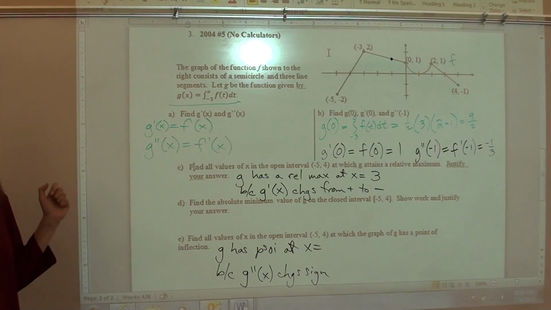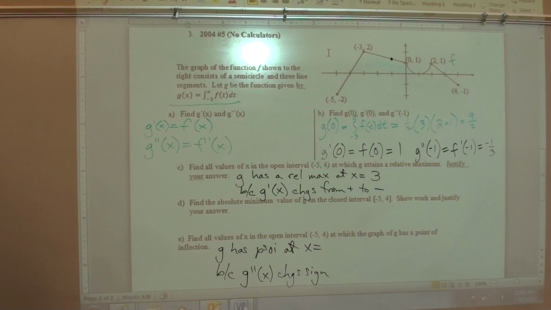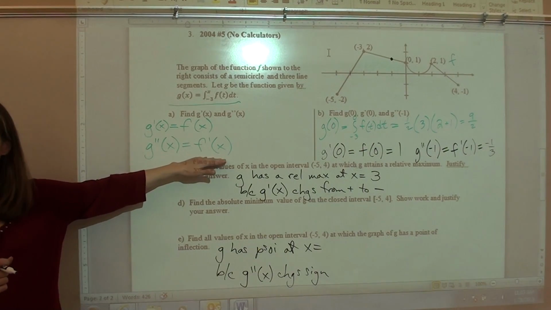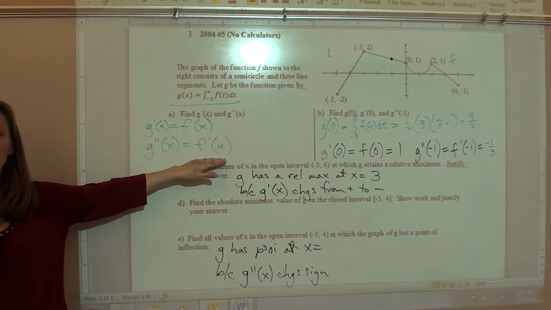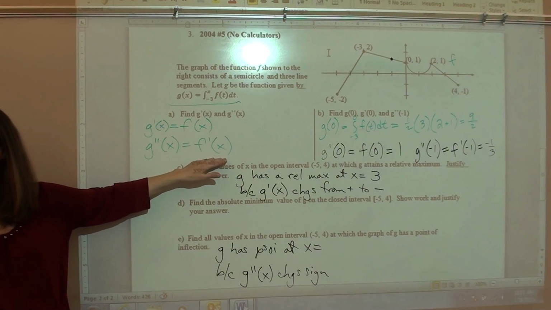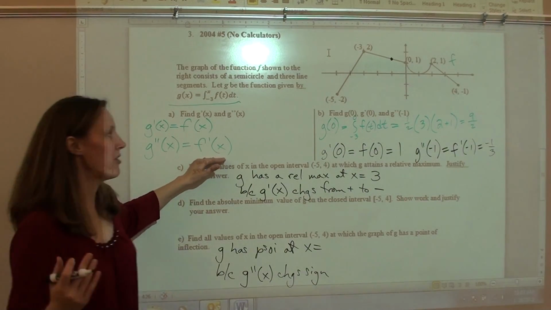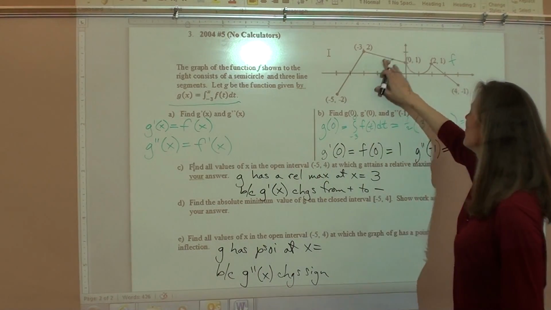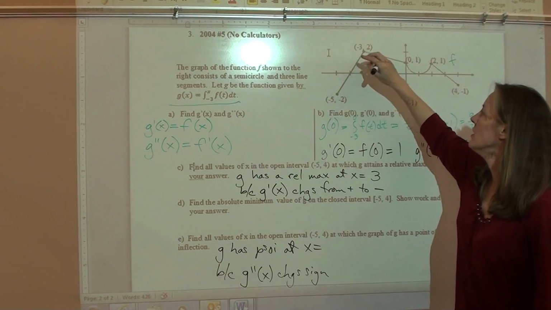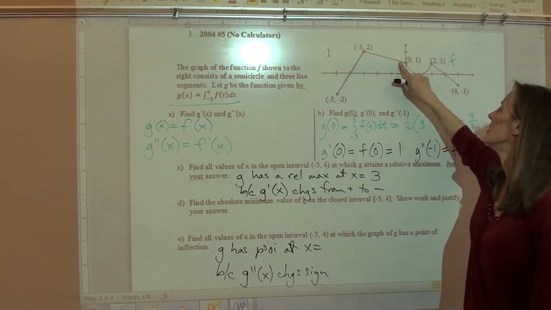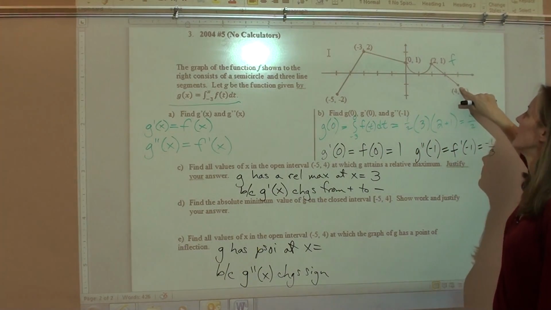Now, what is G double prime equal to? F prime. So what we're looking for is where F prime changes sign, which is where the slope changes, right? So where F changes direction. So F prime is the slope, right? So the slope here is positive, negative, negative, positive, negative.